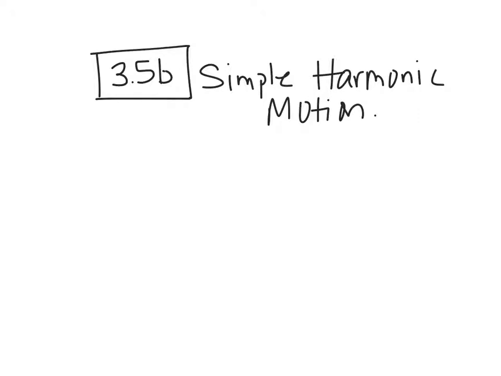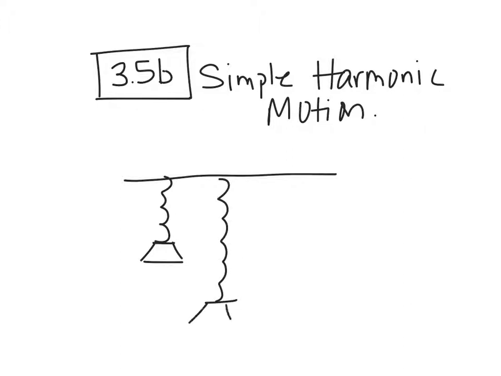It says here that we have a weight on a spring like this, okay? What we do is pull that spring down, and then let it go. So it's going to bounce up and down, and it ends up having simple harmonic motion.